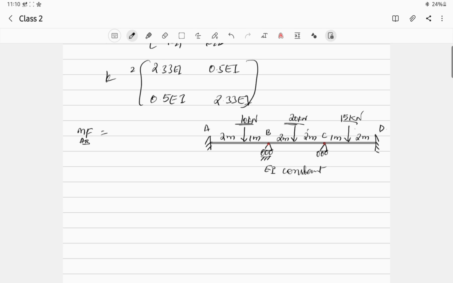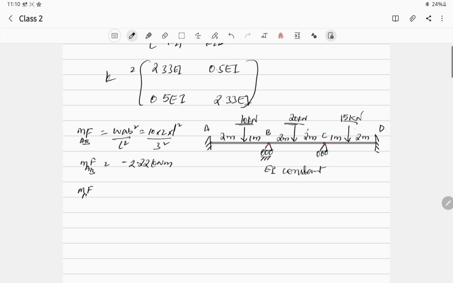So once we calculate fixed end moments for all these members, MFAB is WAB square by L square, which is equal to 10 into 2 into 1 square divided by 3 square, which is equal to MFAB equal to minus 2.22 kilonewton meter.